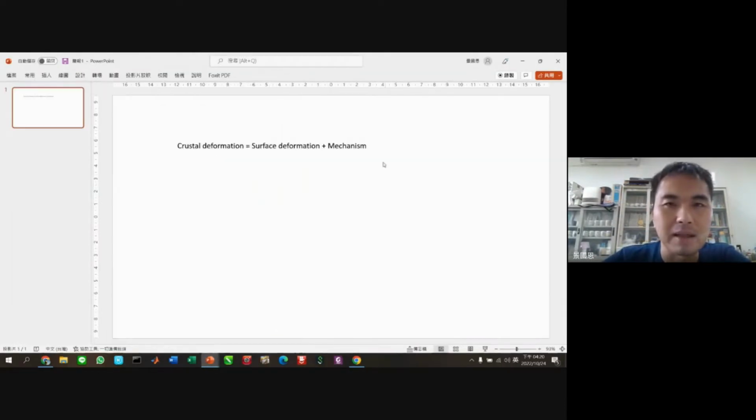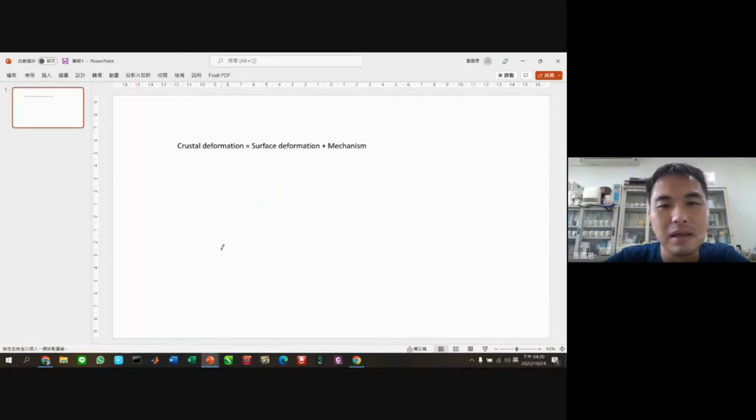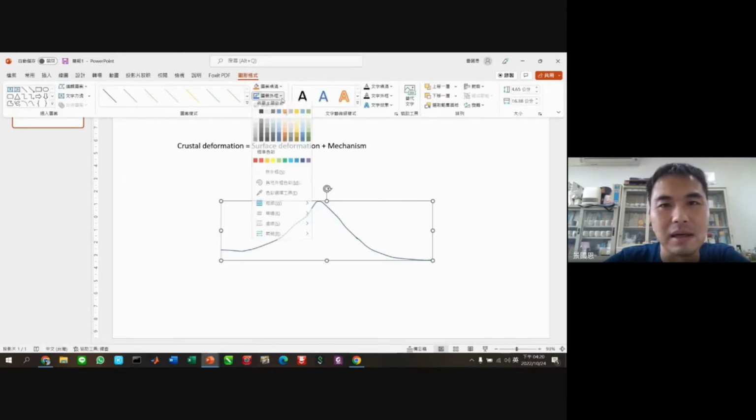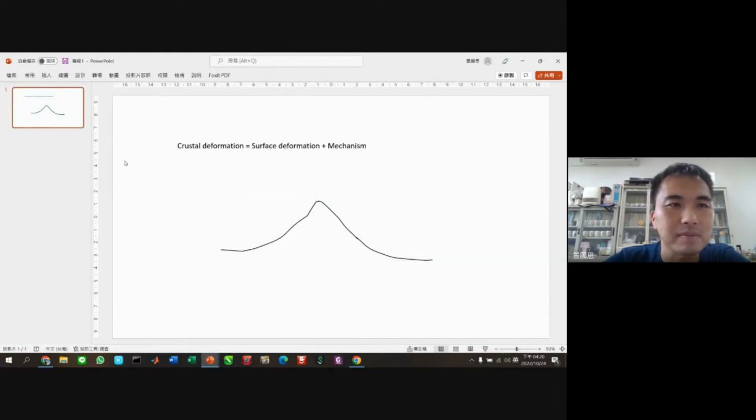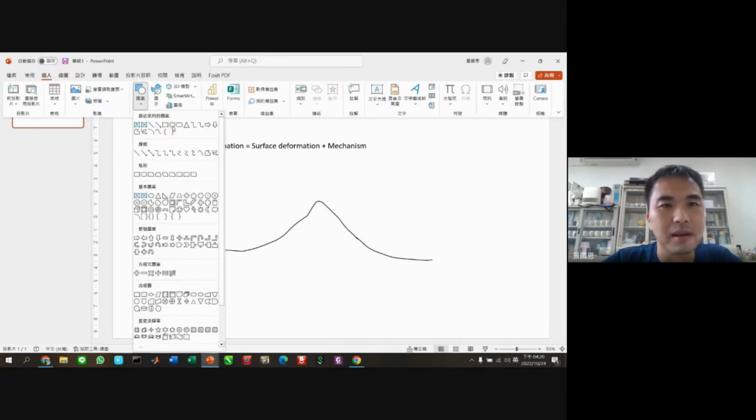So if we draw a very simple figure like this, we may have a volcano like that. Okay, so this is the volcano. And actually, the main mechanism that controls the surface deformation of this volcano is the magma chamber.